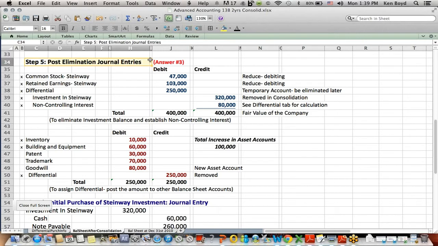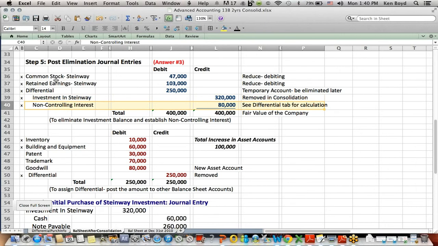I say step 5 is post the eliminating entries. We debit to reduce Steinway's equity because it no longer exists in a consolidation. We credit to remove in consolidation the investment in Steinway account on the parent's books. And we credit that portion that goes toward the non-controlling interest.